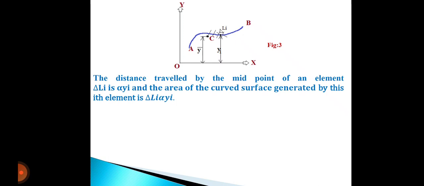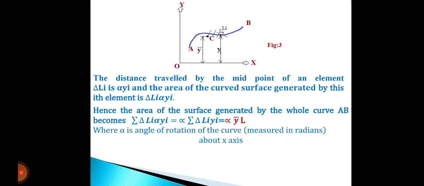Now let the plane of the curve be rotated through any angle alpha, measured in radians, about the axis. The distance travelled by the midpoint of an element, del Li, is alpha yi, and the area of the curved surface generated by this ith element is del Li alpha yi.